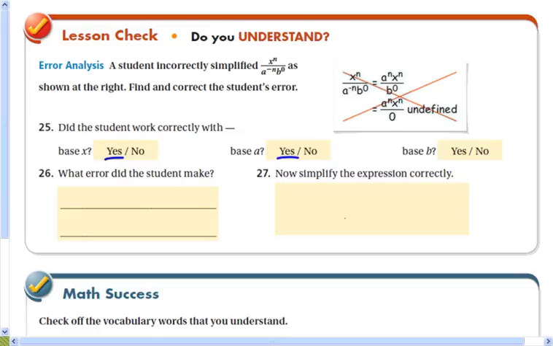Yes. Base B, anything to the 0 power is 1, and the student said that that's 0, so we're going to say no there. The student said B to the 0 equals 0, which is never true, even if B was 0, which we probably would define this as saying B could not be 0, but even if it was 0, it still is undefined.